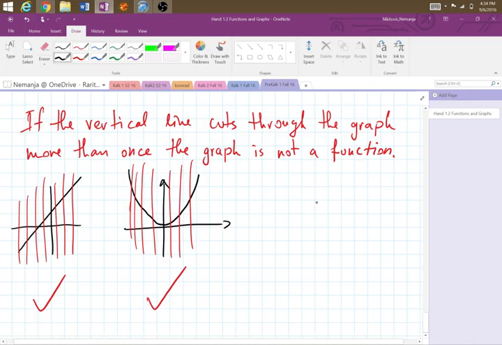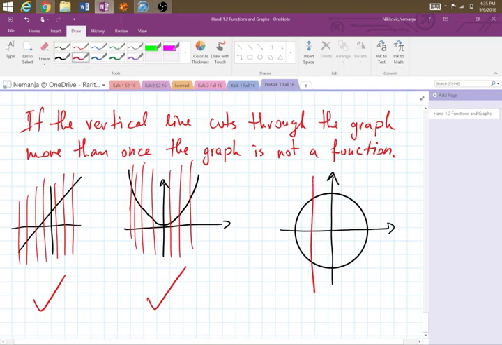And then we draw the circle. Actually, you know what? I practiced the circle, so let's. And now you can see that I'm going to draw just one, and you see that it cuts twice.